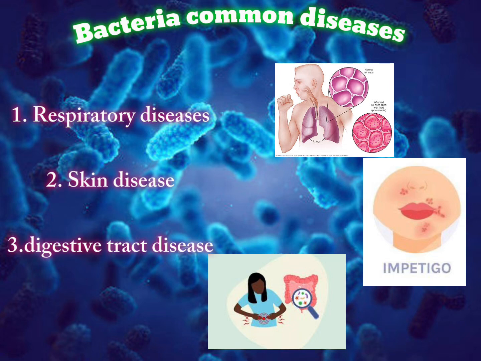For example, impetigo, like Staphylococcus aureus, and it is a contiguous skin infection with red sores and yellow crust. And number 3 is the digestive tract disease, like food poisoning. It is caused by salmonella, and it causes nausea, vomiting, diarrhea, and stomach cramps.